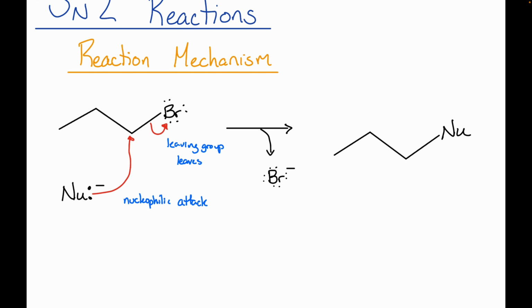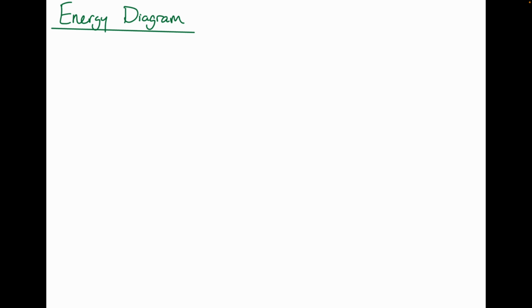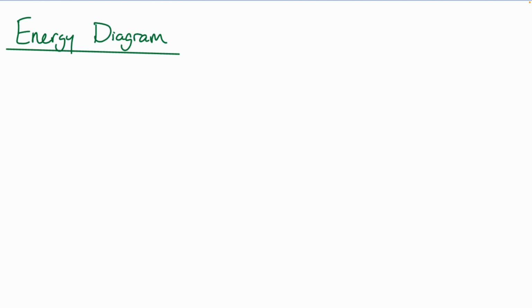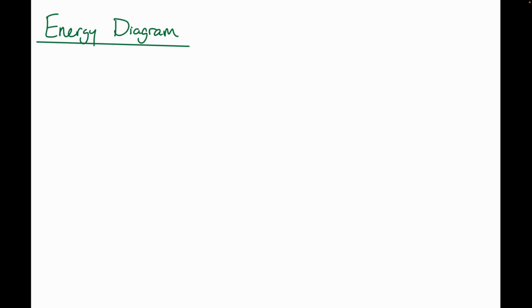Now let's look at our energy diagram. I'm going to sketch out one of these reactions up top, and then we're going to draw the corresponding energy levels down at the bottom.